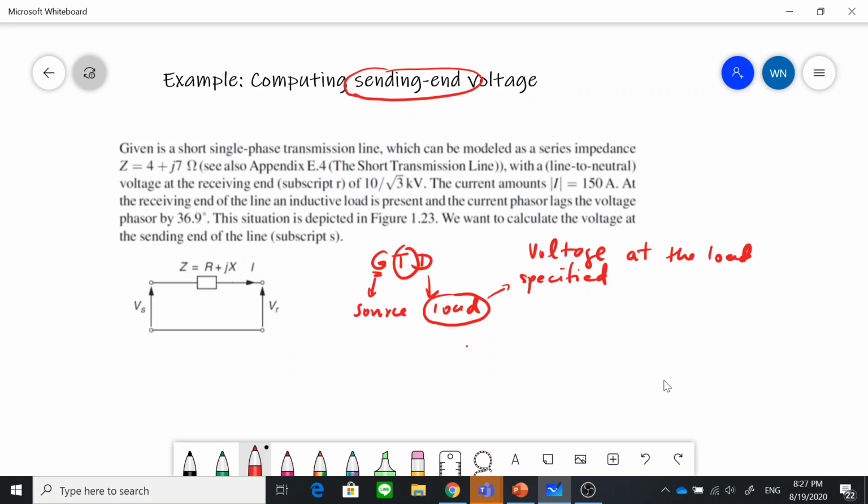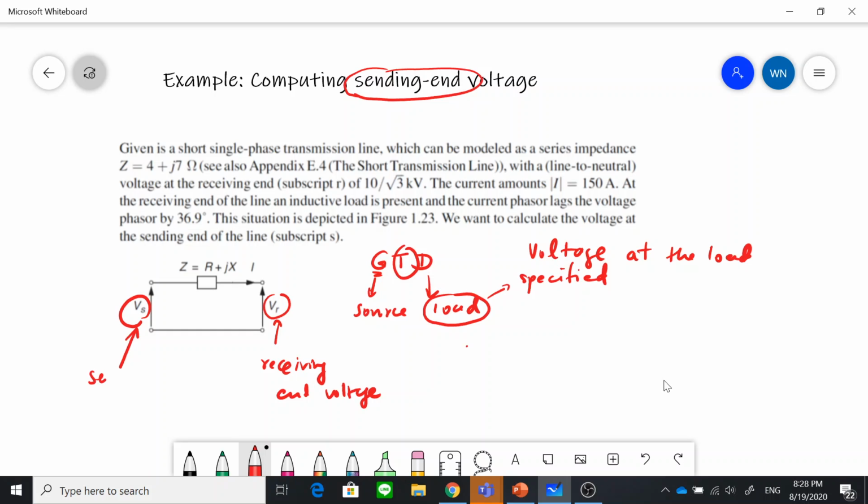You can see from this picture itself, because this picture is a simple representation of a power system. On your right side, your VR here stands for the receiving end voltage, where S stands for the sending end.